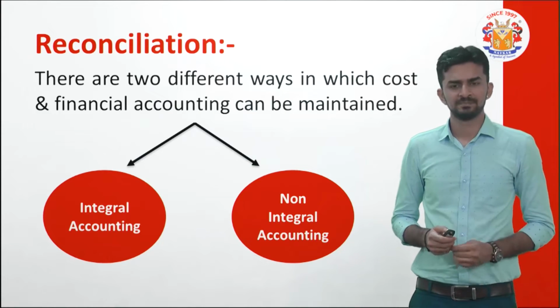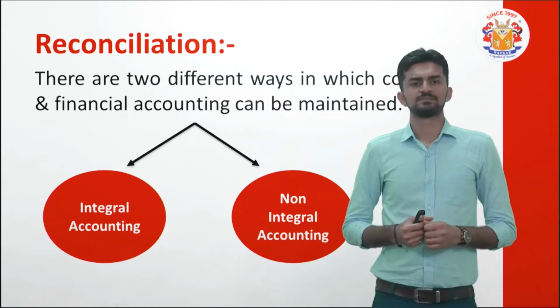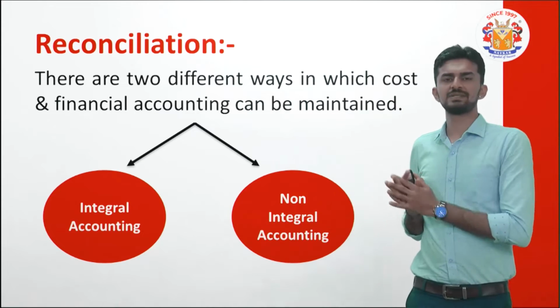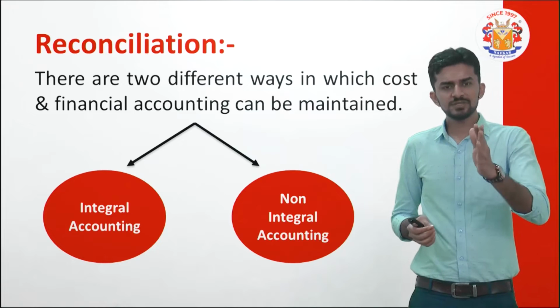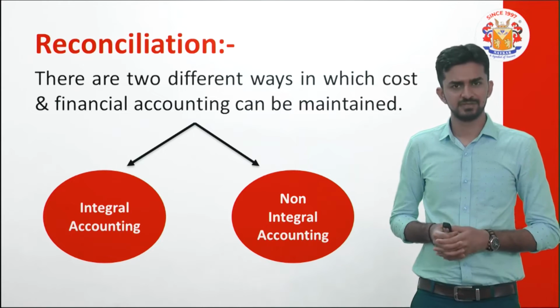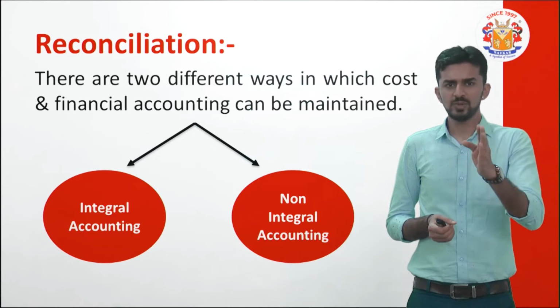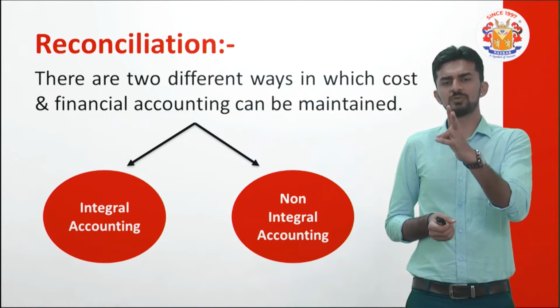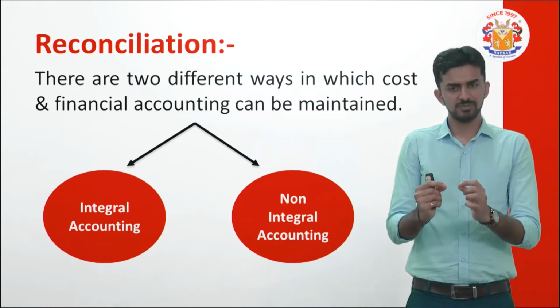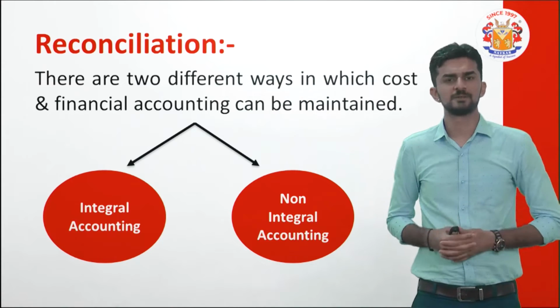Let's move on. As discussed, in the non-integral accounting system, cost and finance books are kept separate. Two profits are derived, and when there is a difference between the two profits, you have to prepare a reconciliation statement.